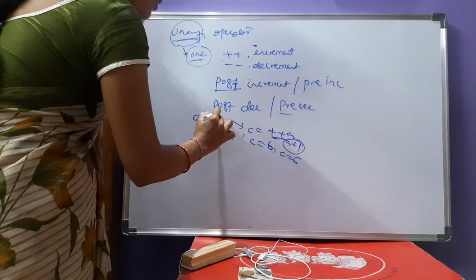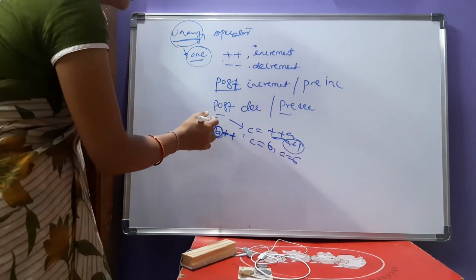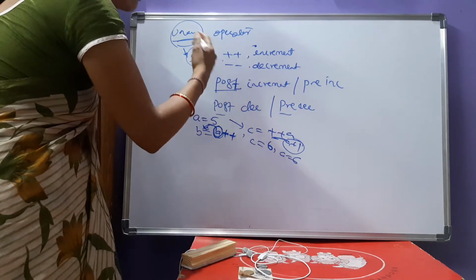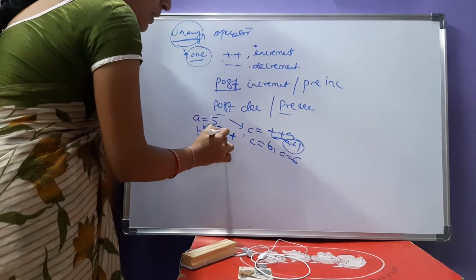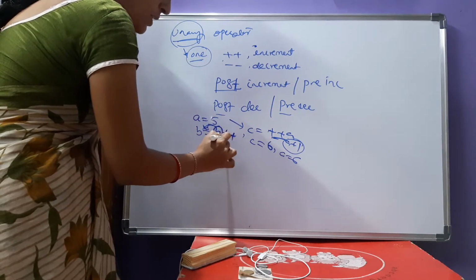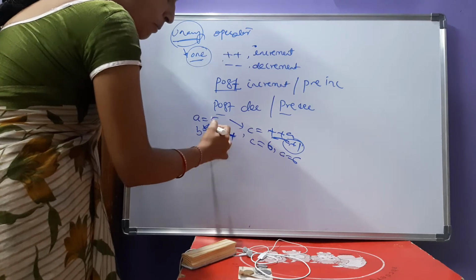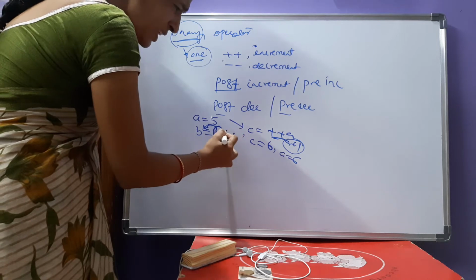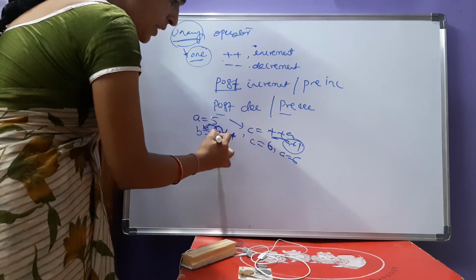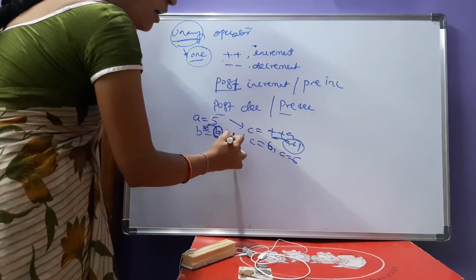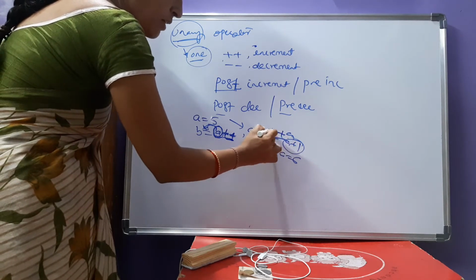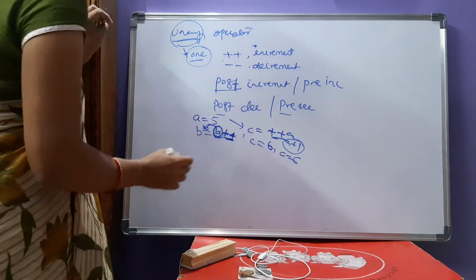And coming to post decrement and pre decrement, the value is decremented by 1 instead of incremented by 1. Whether it is post or pre is decided based on this: if the operator succeeds the operand, that is post increment. If the operand succeeds the operator, this is called pre increment.